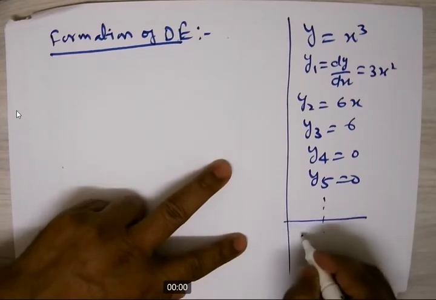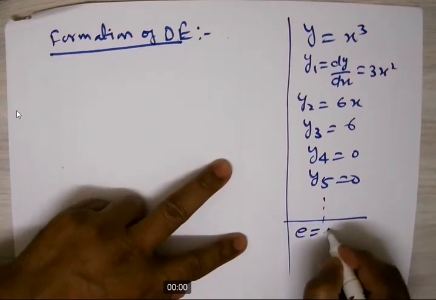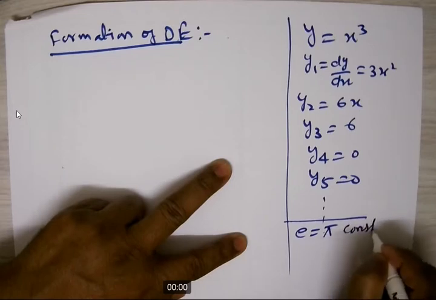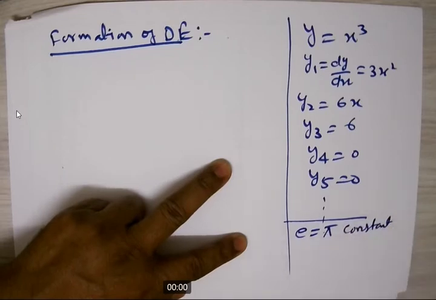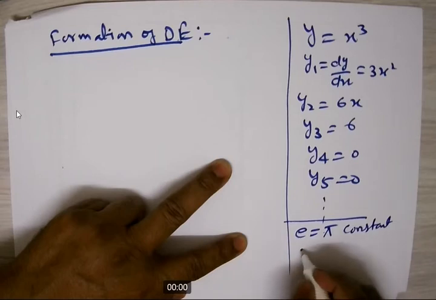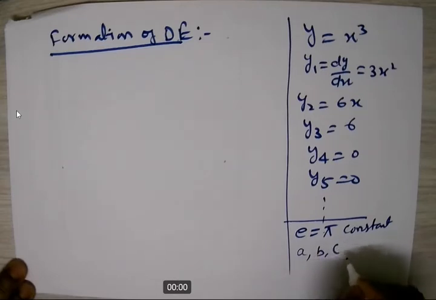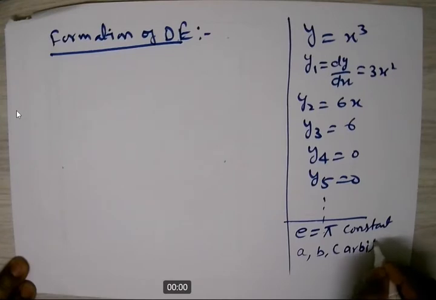If we use e and pi, these are called constants. That means these values never change. But small alphabets, which I generally use as a, b, c, are called arbitrary constants.